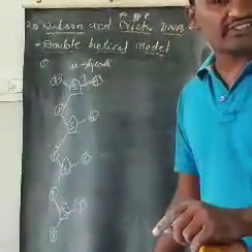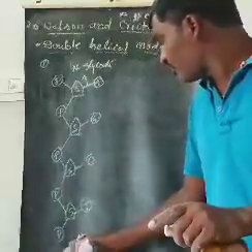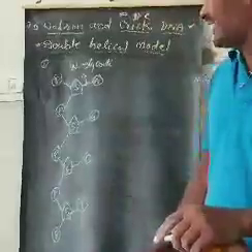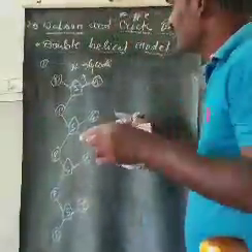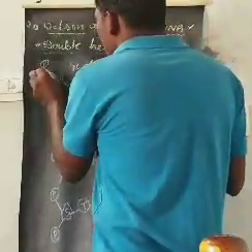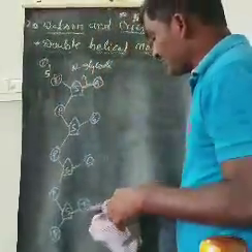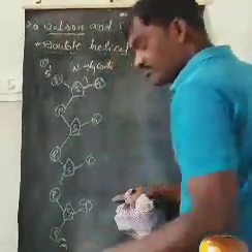So this one we are observing is a single strand DNA molecule. The single strand DNA molecule has two ends. The first end is the 5' end, and the second end is the 3' end.